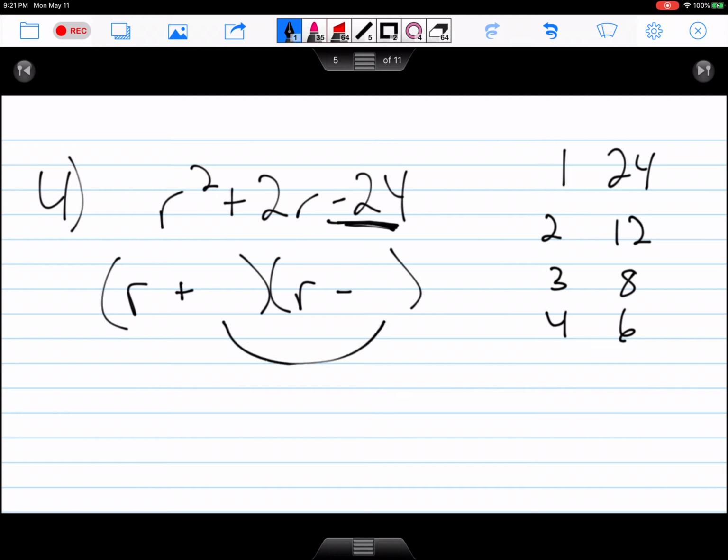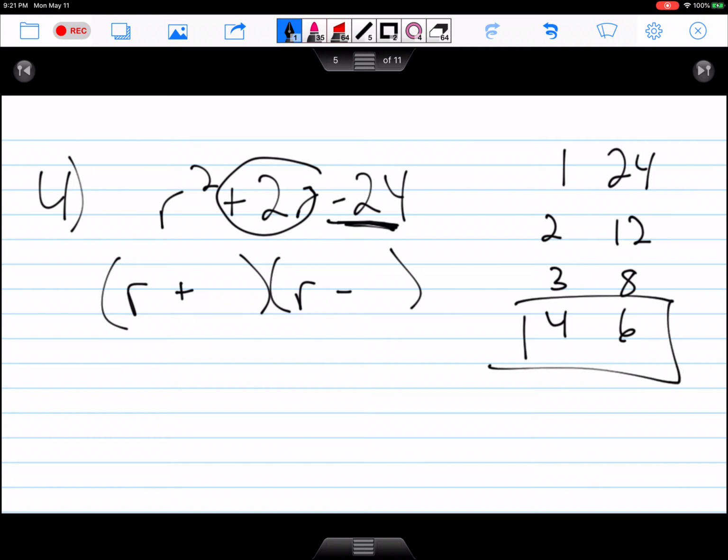Because this times this is going to give me the term without a variable, and it has to be negative. So now I got my negative 24. I need it to add to be positive 2r. So I know that my larger number has to be the positive, and it needs to get to be 2, the difference. So right there, 6 and 4. Positive 6, negative 4. So that's my answer.